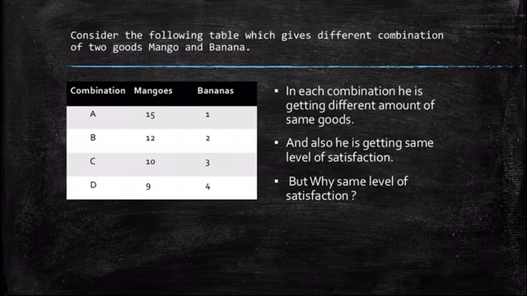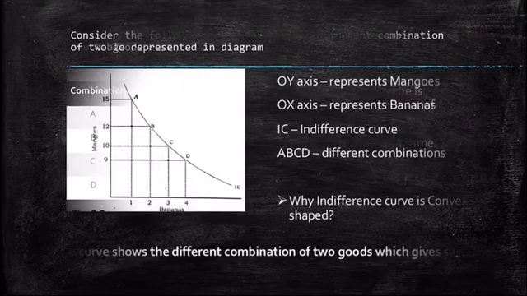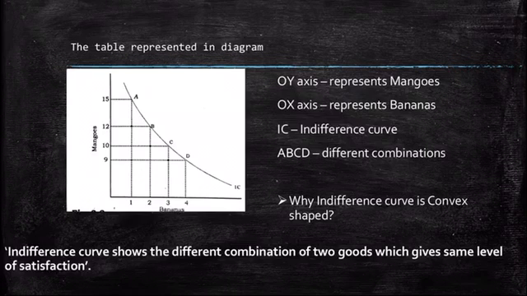If the same table is represented in terms of a diagram, it's a two-dimensional diagram. On the OY vertical axis we are representing mangoes, and on the OX horizontal axis we are representing bananas. Different combinations A, B, C and D are plotted against these goods. At combination A, he has 15 units of mangoes and 1 unit of banana.